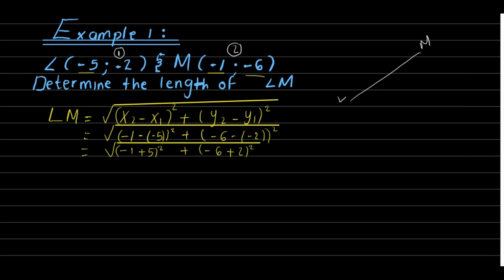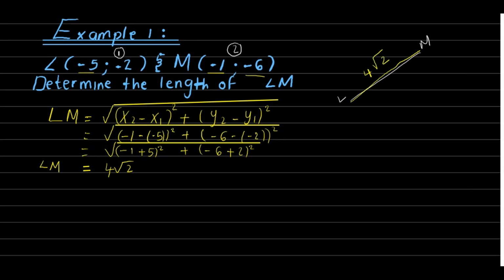You can simply punch it into the calculator because we're not trying to complicate our lives, and you get 4 square root 2. So the length of line LM is equal to 4 square root 2.